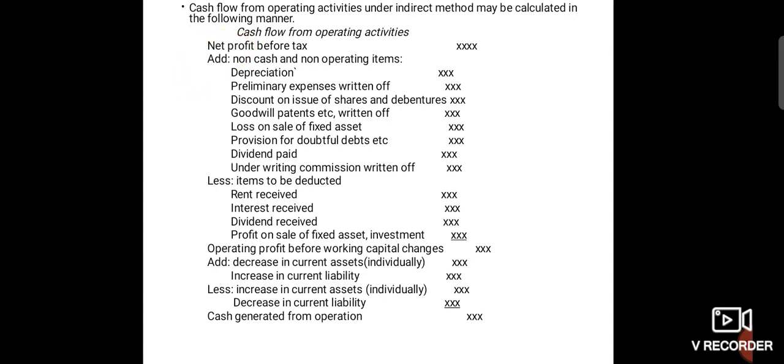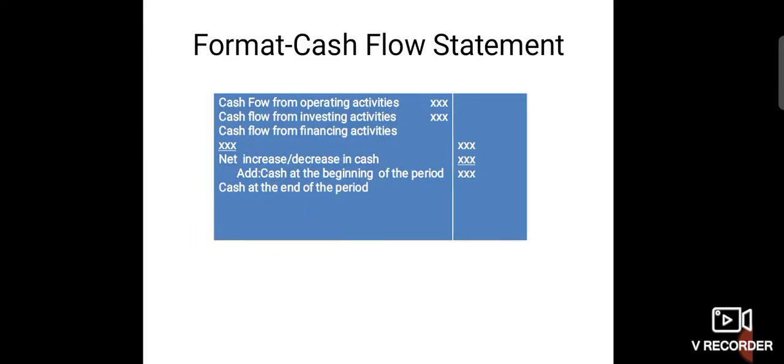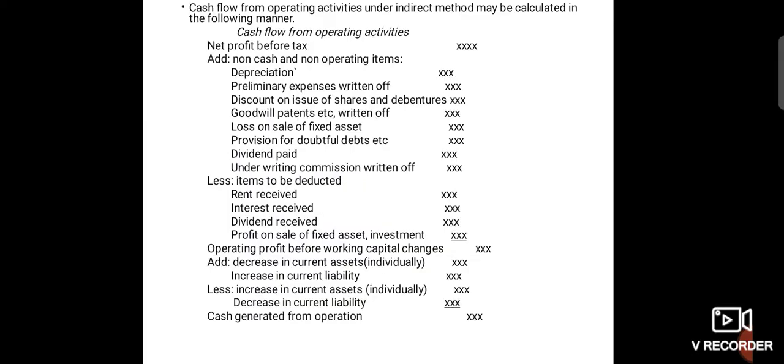Next are the items we have to deduct: rent received, interest received, dividend received, profit on sale of fixed asset. All these are related to investing. Rent received is related to investing activities, because rent is received for something we have invested in or a let-out property.